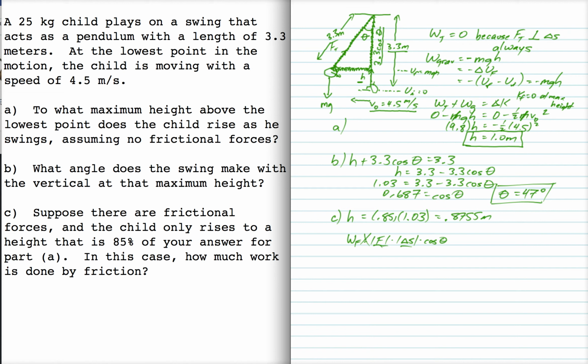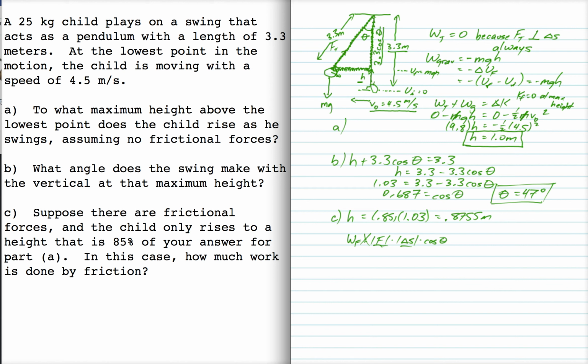The second way to find the work done by a force is to use change of potential energy associated with the force. But friction doesn't have potential energy associated with it. And the third way is what we're going to do. So for this problem, I know that the work done by tension is still 0.